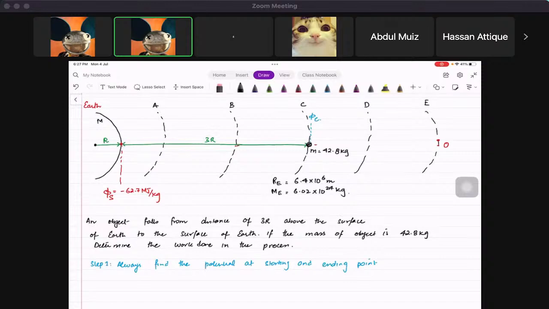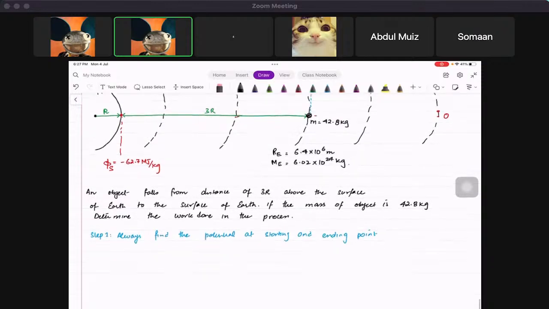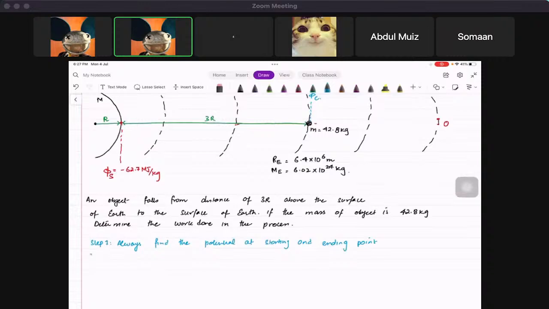Okay, now the second thing you always should remember, well, in fact, I'll write a note here, and this is a trick they will play all the time, that the distance from Earth to C is not 3r. It is 4r. Why?